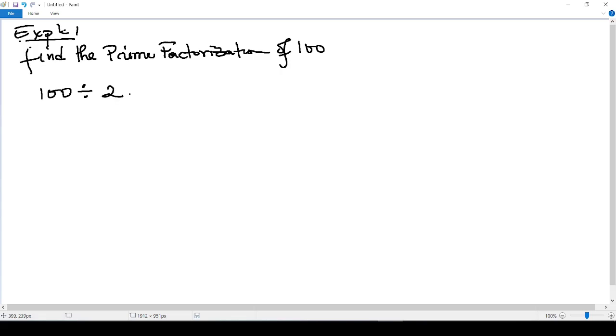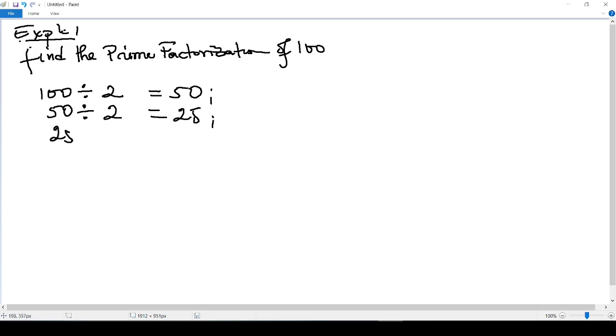We divide by 2. 100 divided by 2 is 50. Is 50 a prime number? No. Because 50 is not a prime number, 50 will be our new quotient. We write 50 and divide again by the first prime number, 2. Can we divide? Yes. The result is 25. Is 25 a prime number? No. So we come back and write 25.